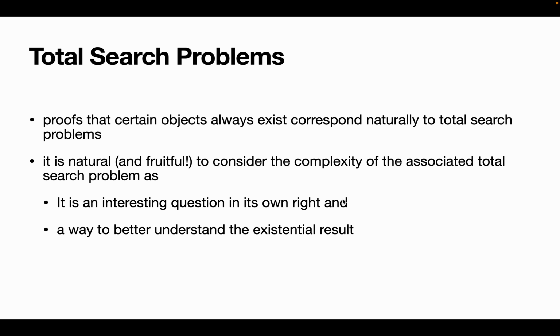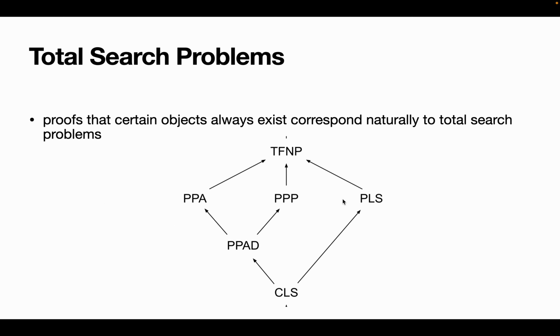So what are some other examples? Well, let's look at the TFNP hierarchy. At the top here, we have TFNP. Below it, we have some TFNP subclasses. PPP is the subclass of TFNP of problems which can be proven total by the pigeonhole principle.